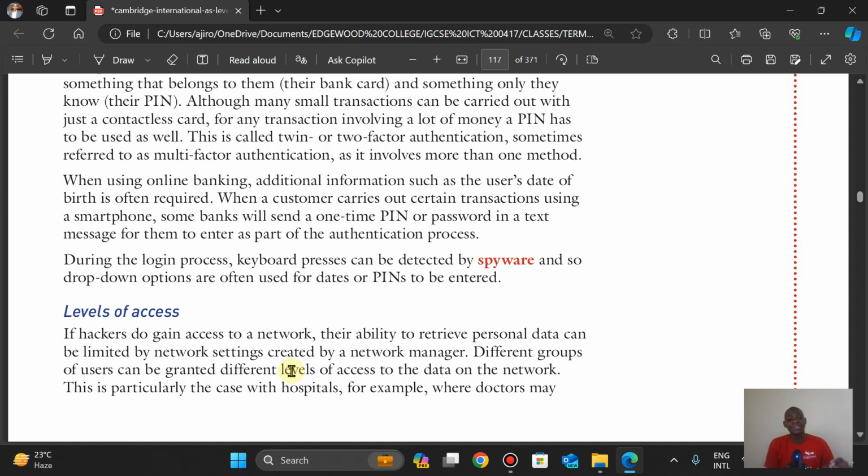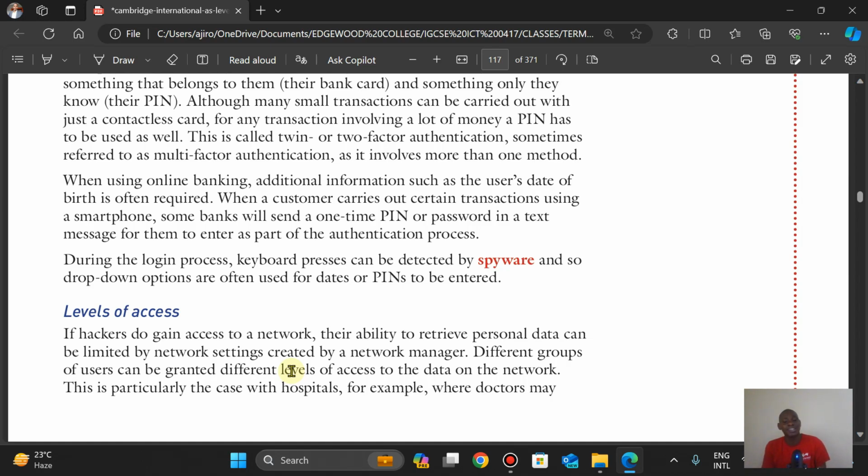The next one is levels of access. If a hacker does gain access to a network, the ability to retrieve personal data can be limited by network settings created by the network manager. Different groups of users can be granted different levels of access to the data on the network.